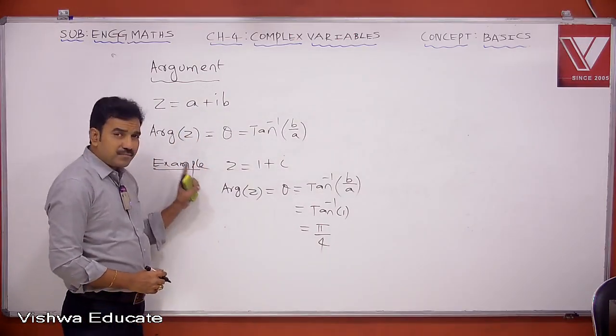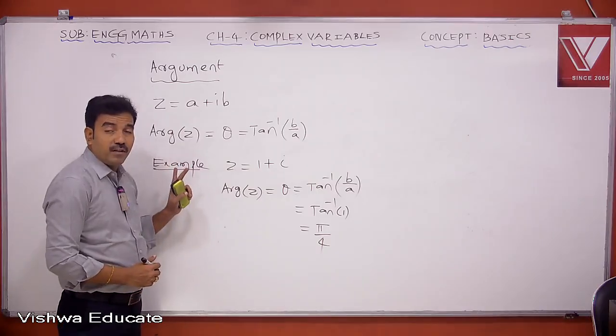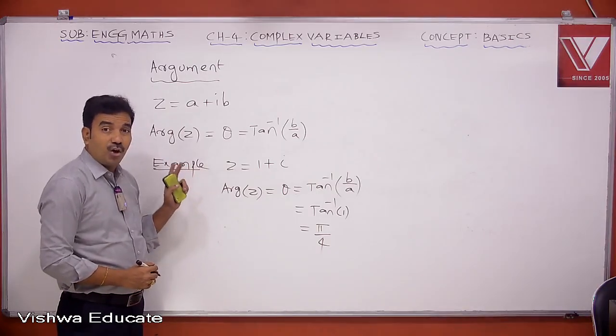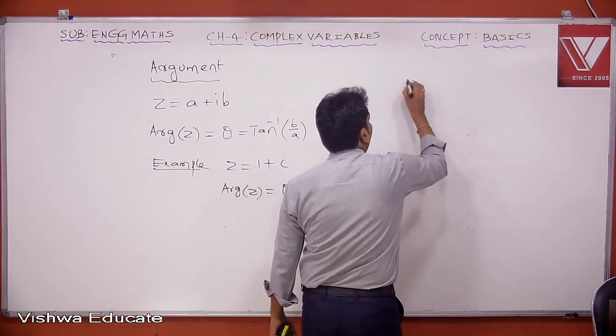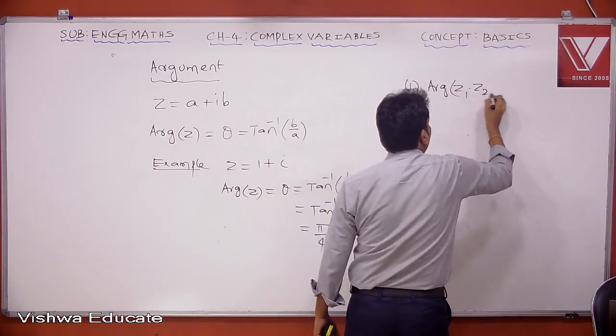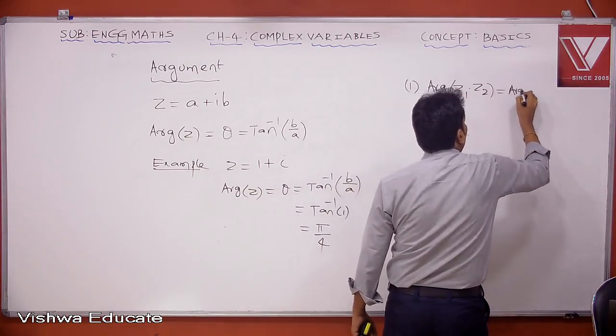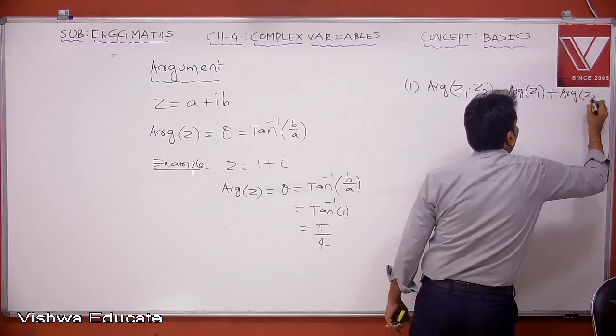Now let me tell you two important results based on the argument of a product of two complex numbers and the argument of a ratio of two complex numbers. The first one is argument of z1 dot z2, which is given by argument of z1 plus argument of z2.